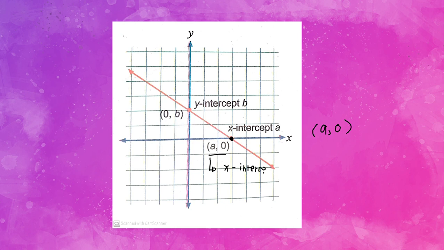x-intercept. Alright, and if the line crosses the y-axis, again the vertical axis, at the point (0, b), the number b, your y value, is considered to be your y-intercept.